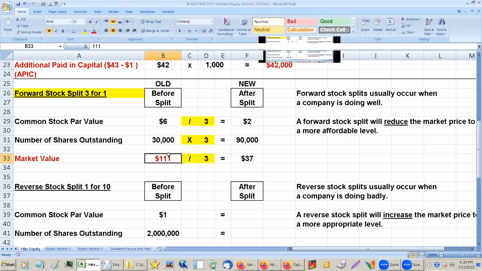Okay, how many people have $11,000? But this will be down to 3,700. There's gonna be a lot more people that have $3,000, $4,000 laying around, rather than people who have 10, 11, 12,000 laying around. So the idea is that there'll be more people that can buy it. So that's the whole idea behind this stock split.